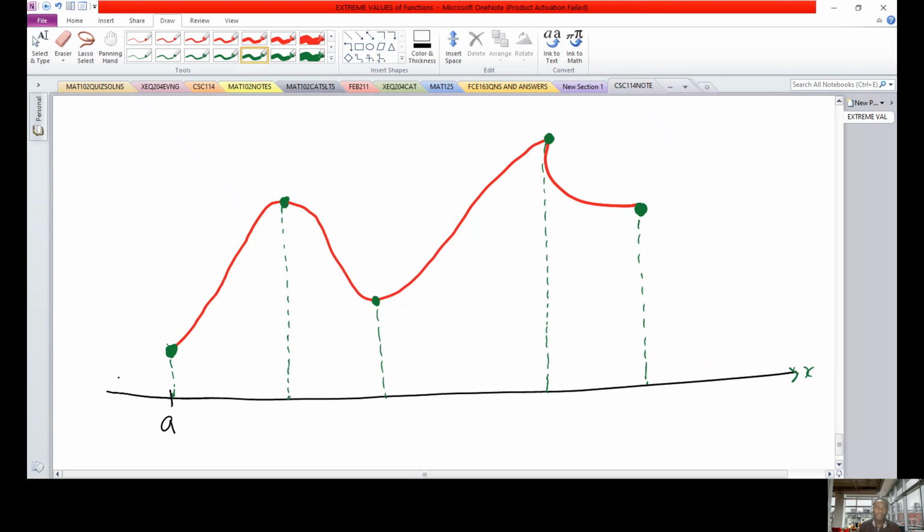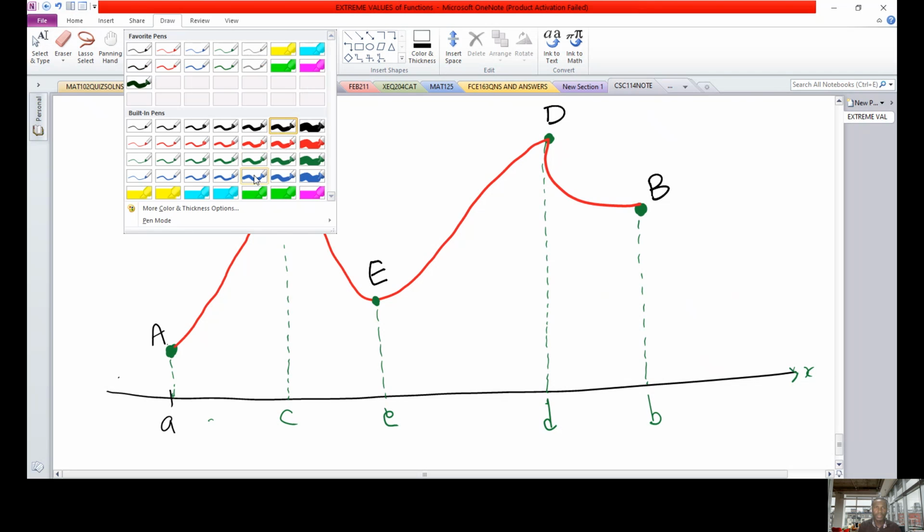So this is the x-axis. So let this be A, this point be C, this point be E, this point be D, this point be B.